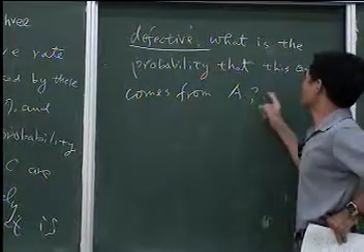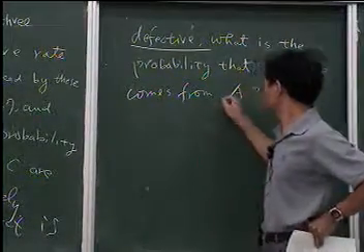So what is the probability that it comes from A?